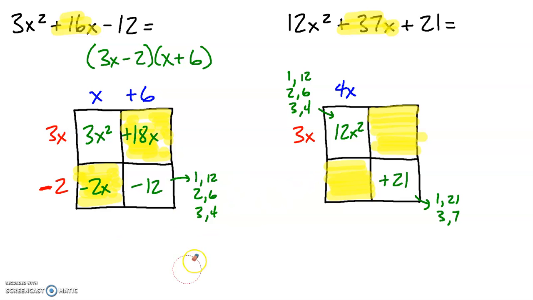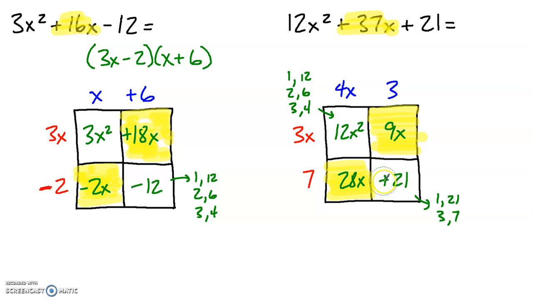Let's try the 7 here and the 3 here. 4 times 7, that would be 28x. Oh, that's it. 3 times 3, that's 9. 28x and 9x is 37x. That's the one I need. 3 times 3 is 9x, and 4x times 7 is 28x.